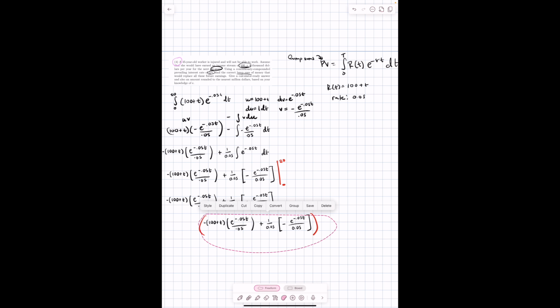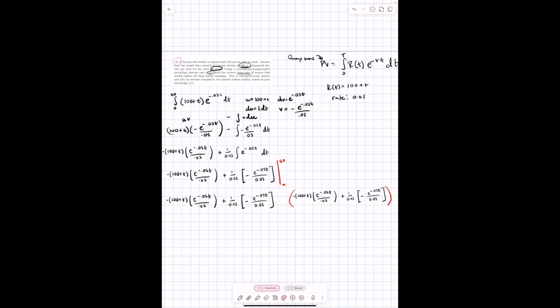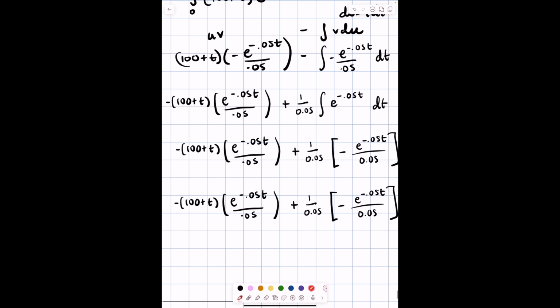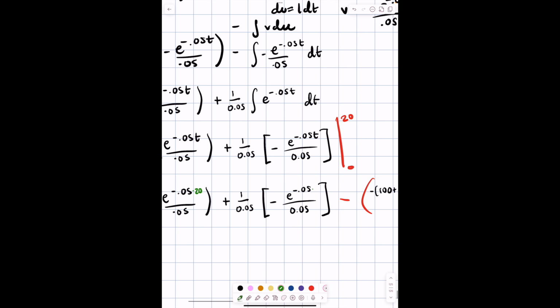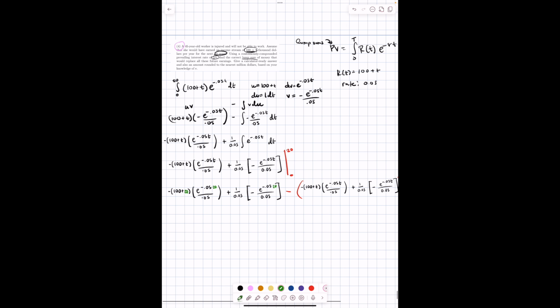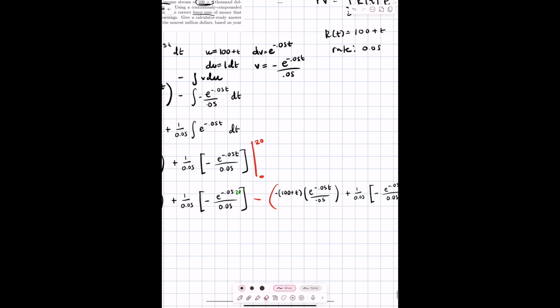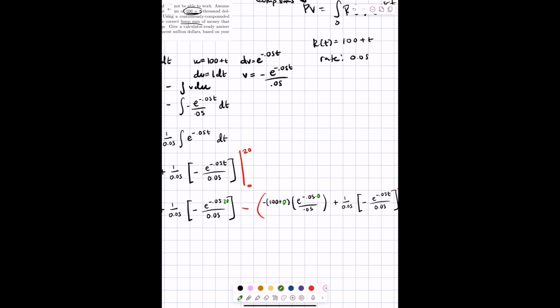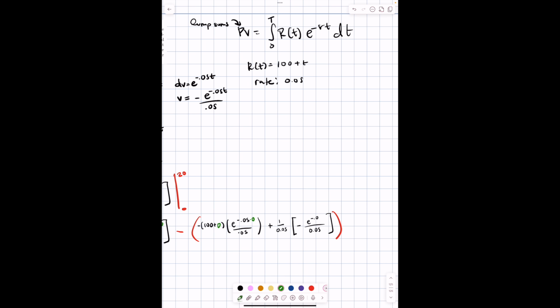So I basically just copy the equation over, and then we want to change out the bounds. Here I have 20, and then here I'll have 0, in a different color.